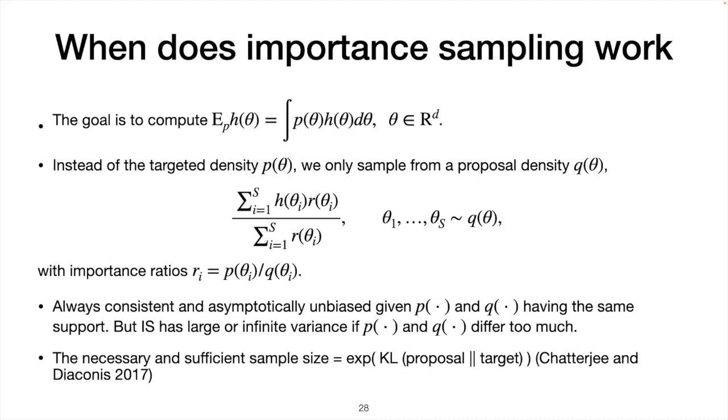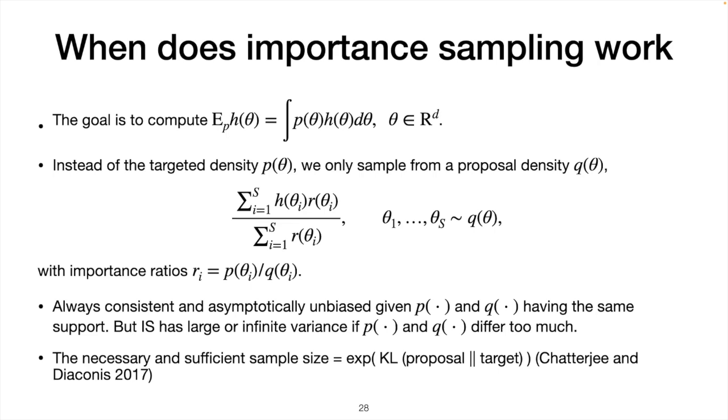In importance sampling, the goal is to compute the expectation of some quantity under a distribution P. But instead of sampling from P, we can only sample from a proposal distribution Q. So what we can do is compute the importance ratio r equals the target distribution divided by the proposal distribution, P over Q. Then you weigh the function h of theta by this importance ratio, and you do self-normalization when you draw theta from Q, the proposal.